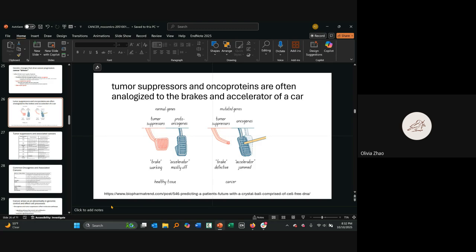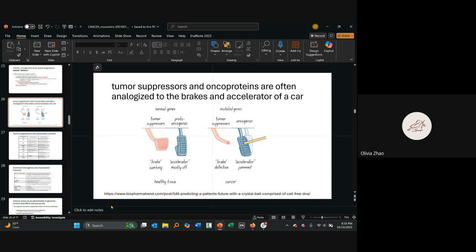Maybe. So with the car analogy, we have the brake and accelerator. So the tumor suppressor gene is more of a stop on the cell growth. And so when it's working, cells don't overproduce basically.